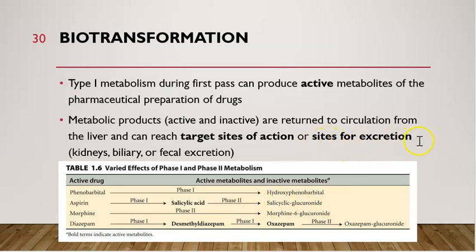In other words, it's no longer active, or it's no longer needed for its use. Okay? So that's why we have these biotransformations, and that's why some drugs are made specifically to change to be active so that a patient can take it orally.